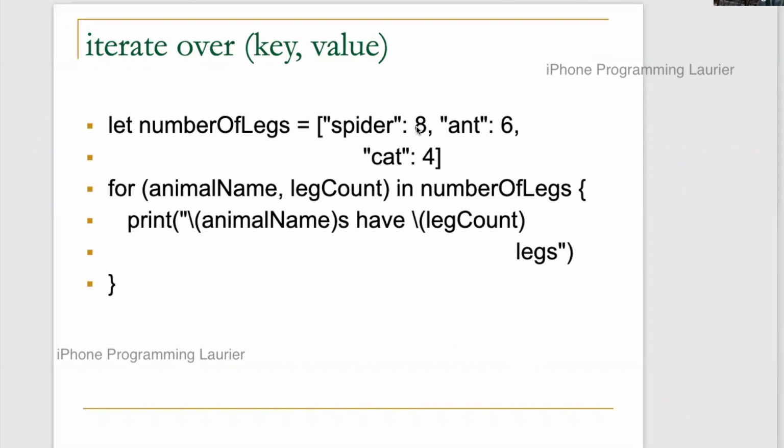A spider has 8 legs, right? An ant has 6 legs. A cat has 4 legs. I can iterate over everything in the dictionary, right? So for animalName, legCount in numberOfLegs, I print out the animals and the legs.